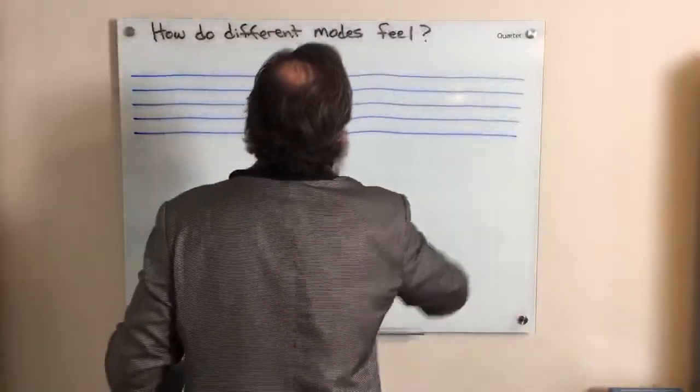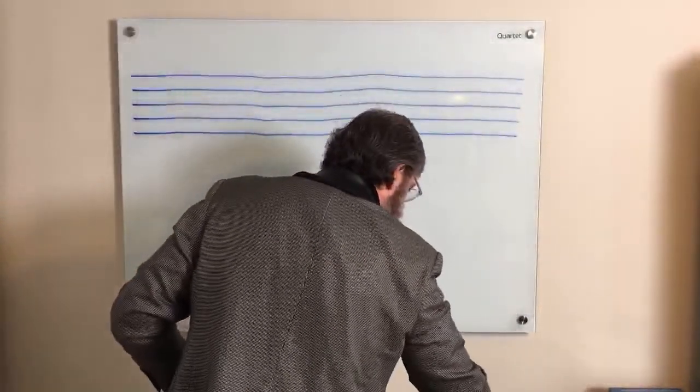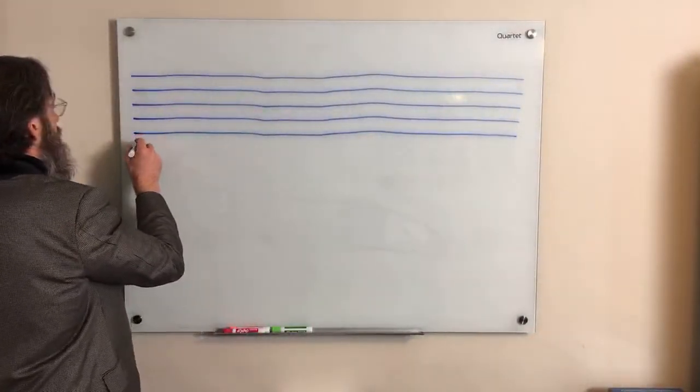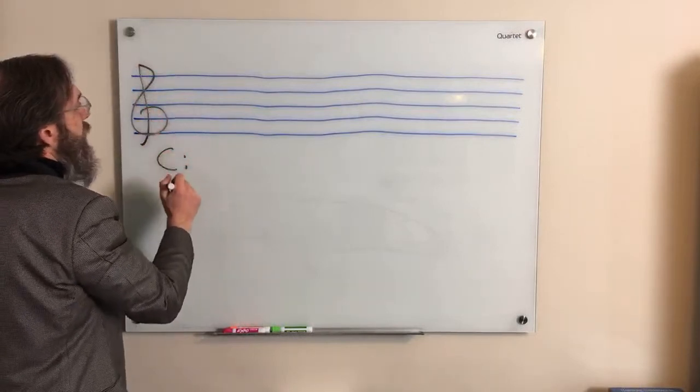Let's talk about those differences to see if we can clarify this question, because music theory textbooks differ on how they handle this. So I'm going to use treble clef. I'm going to make C major.